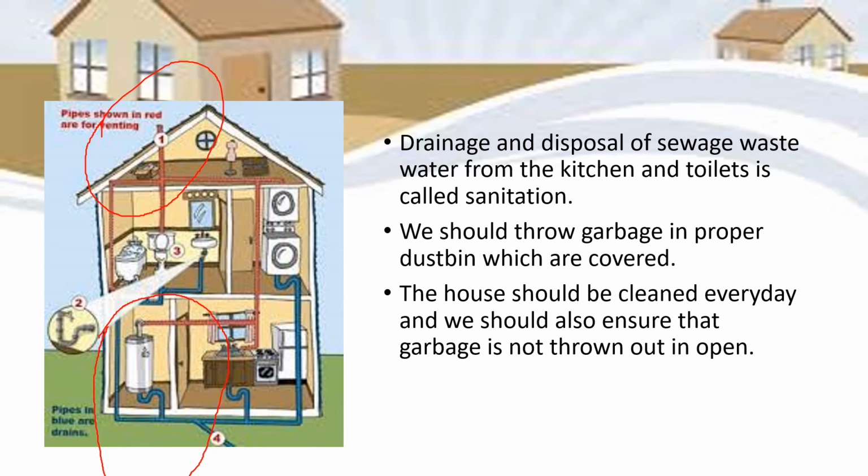Red pipelines are showing that water is going inside the house and blue pipelines are showing that it is draining outside the house. So, in this way, our house should be properly designed so that we are getting fresh water and the wastewater is going outside the house.